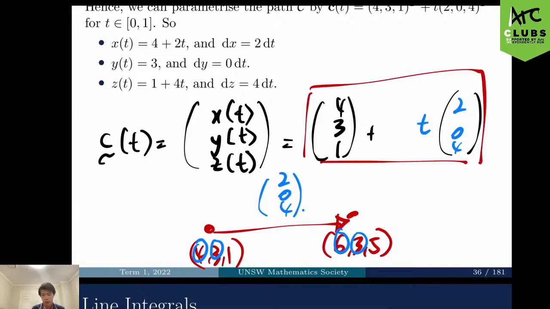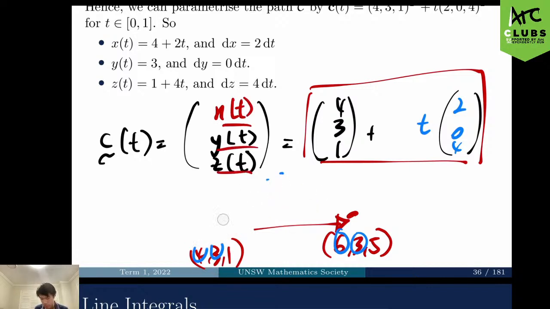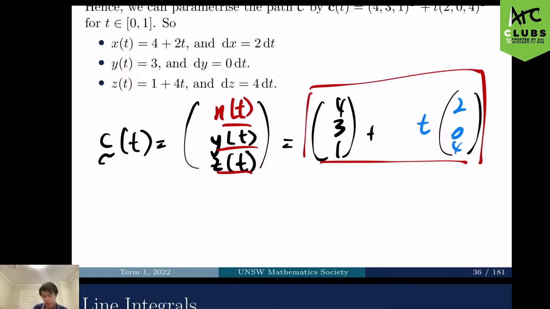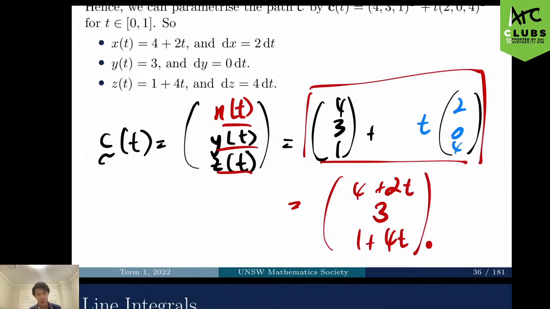This is all nice, but we want to get it into three components x, y, and z. So let's write it all out. We've got 4 plus 2t, we've got 3, we've got 1 plus 4t. Those are our three components.